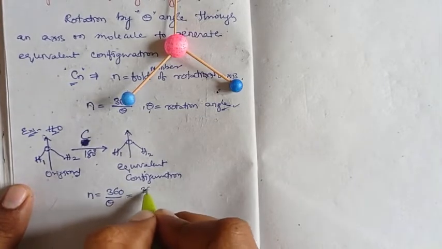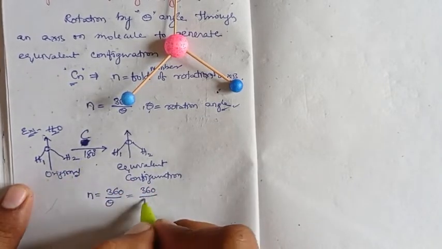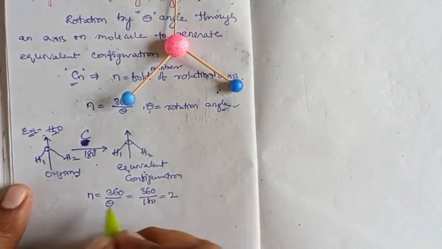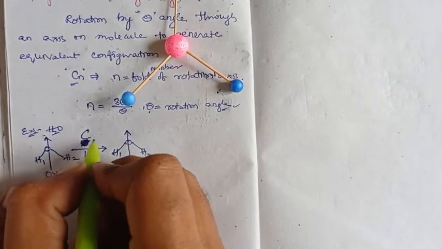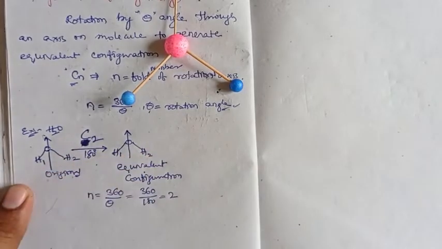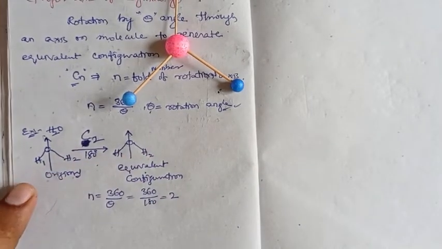Here, we rotated by 180 degrees, so n becomes 2. So this particular rotation in the water molecule is a C2 rotational axis of symmetry.